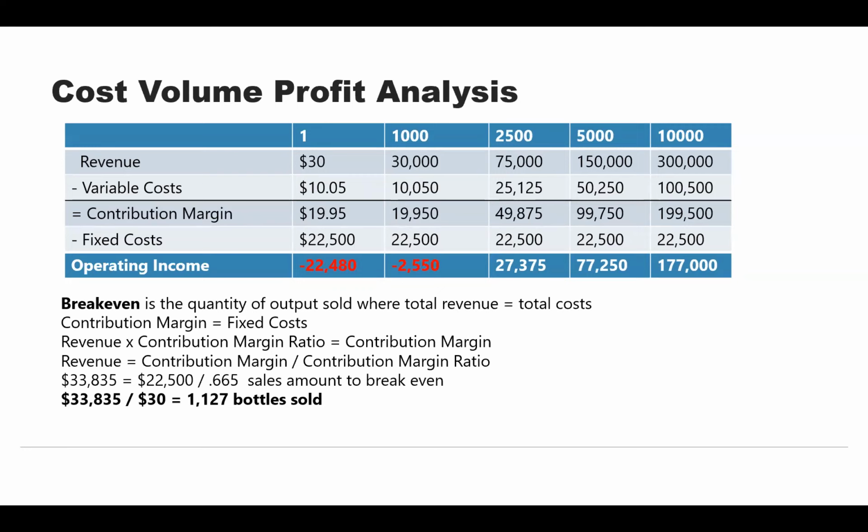But you can see that your revenue is equal to your contribution margin divided by that contribution margin ratio, which would be $33,000, equal to 22,500 divided by that 0.665. And those are the sales you need to break even.